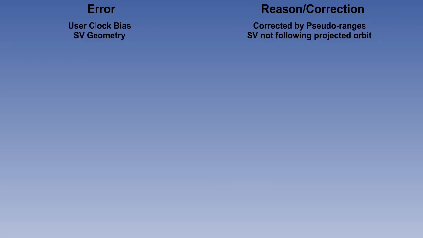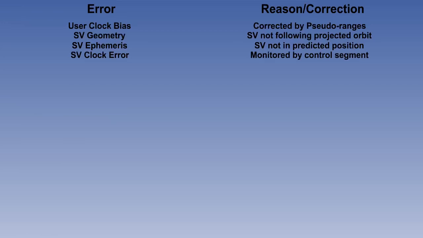Space vehicle geometry error is caused by the SVs not following their predicted orbit. Ephemeris error is the space vehicles not being in their predicted position due to the effects of perturbations in gravity from the Sun, Moon and planets. SV clock error is monitored by the control segment.